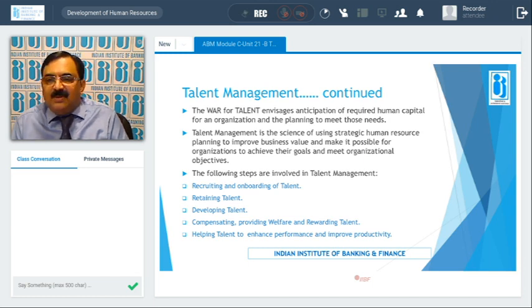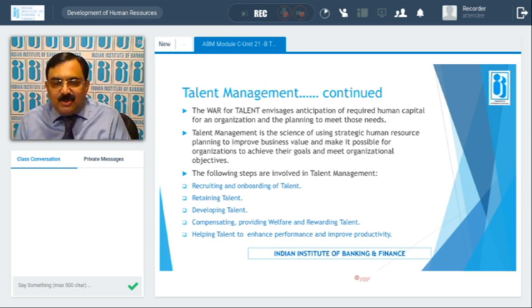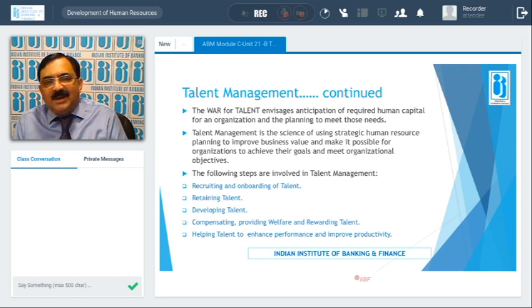Now, what are the steps involved in talent management? The first step would be recruiting and onboarding the talent, the human resources. Once the talent is onboarded, then we take all those steps or initiatives to retain the talent. It should not happen that a talent gets onboarded and immediately exits.